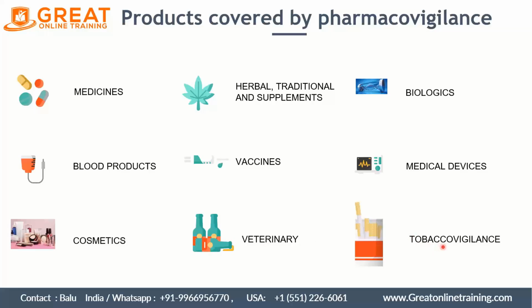And we also have tobacco vigilance, so all the tobacco products are also covered in pharmacovigilance. So any adverse event that happens after taking any nicotine or any other tobacco products, that information we need to report to the regulatory authorities. And all the events regarding these products are covered under tobacco vigilance.